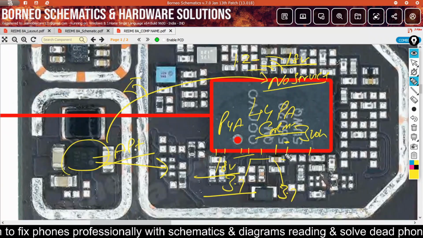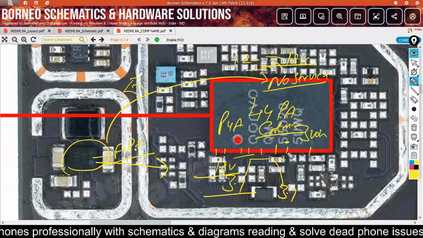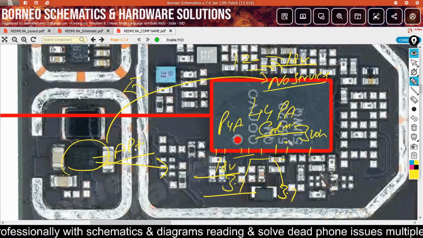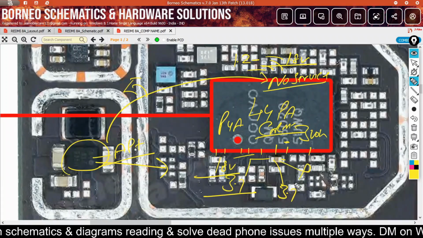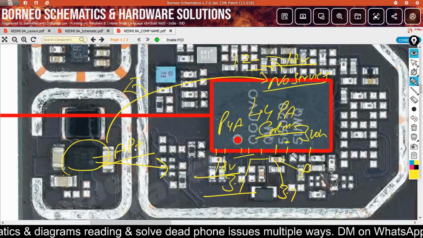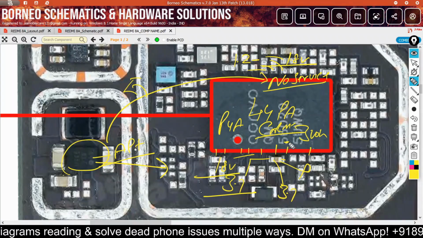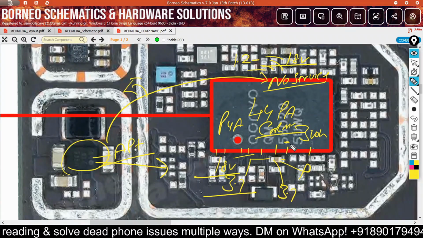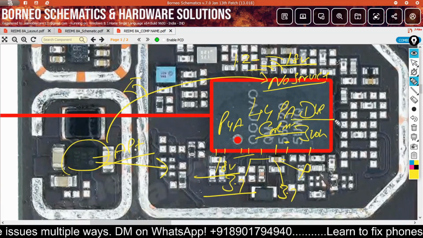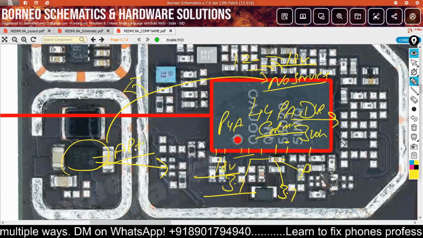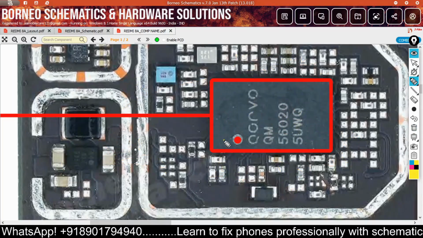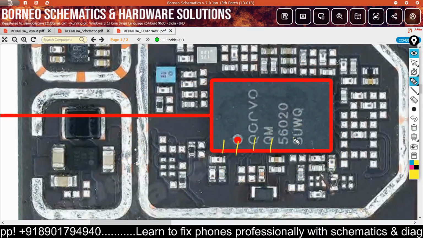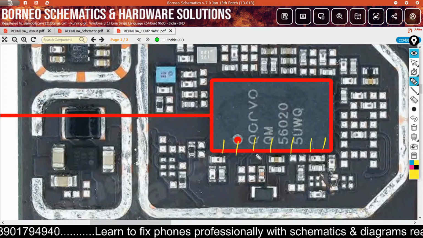There are high chances, so this supply does not enter the 4G PA. You can measure here and confirm here. But if you do not test here on these pads, because of this reason they are not connected, your phone is on no service. So how do you test? For this there are pads, so you can directly check on the pads, right?